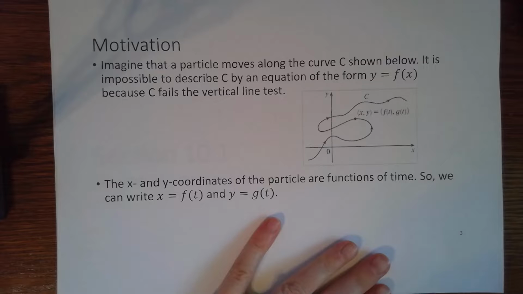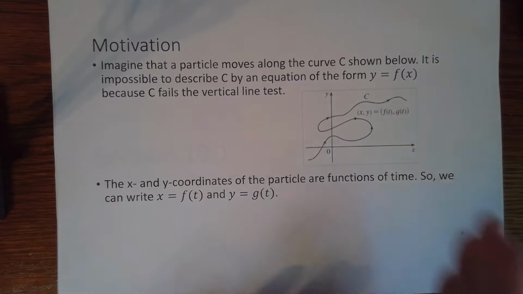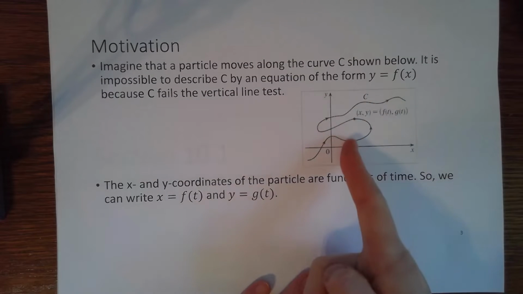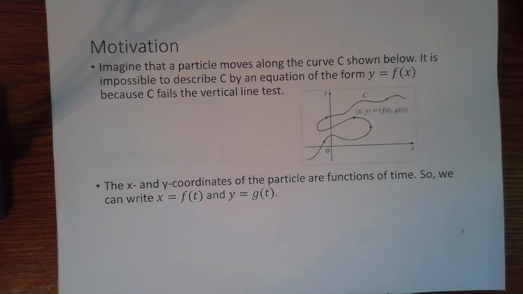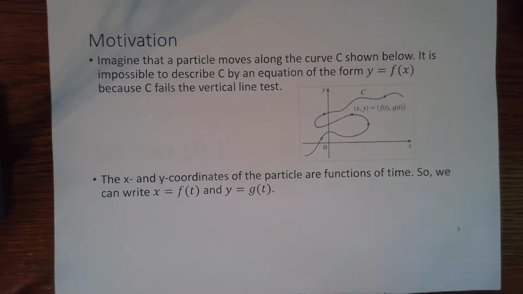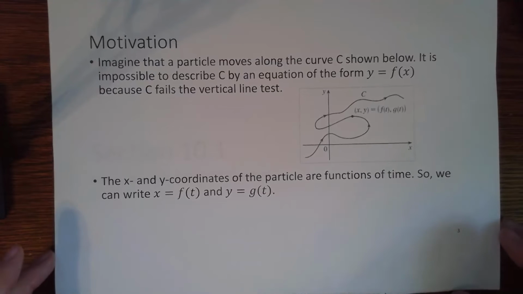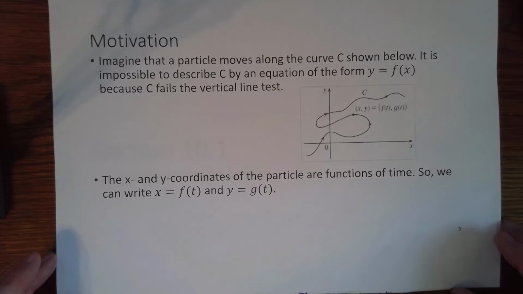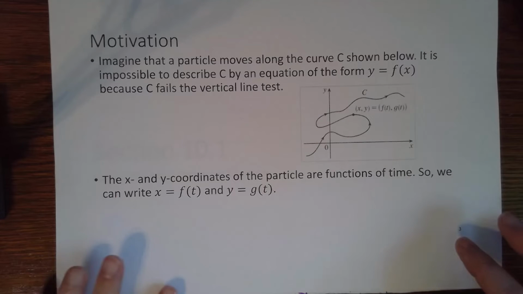We can't write a function for it, which is clear because it fails the vertical line test. And if we don't have a function, it's hard for us to do calculus on it, like taking derivatives and integrals. Parametric equations are sort of a solution to that kind of problem.